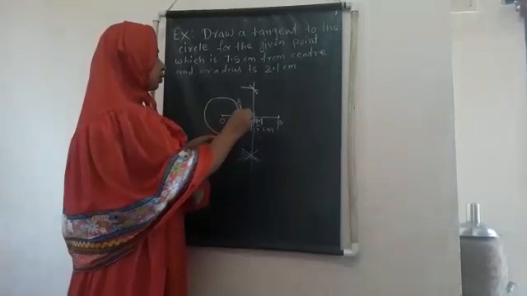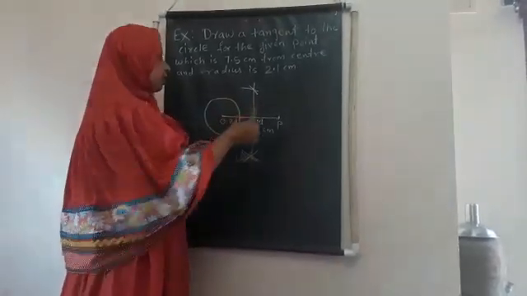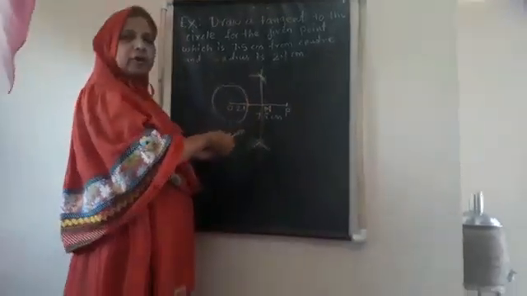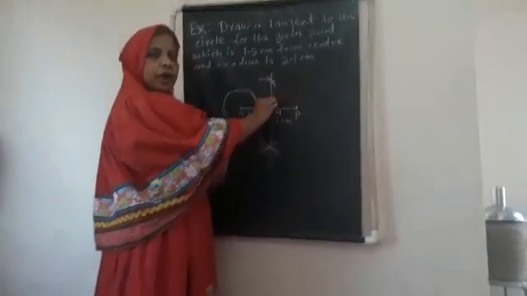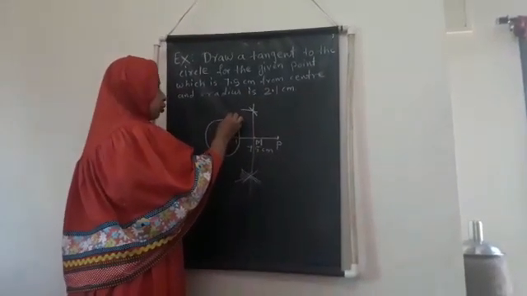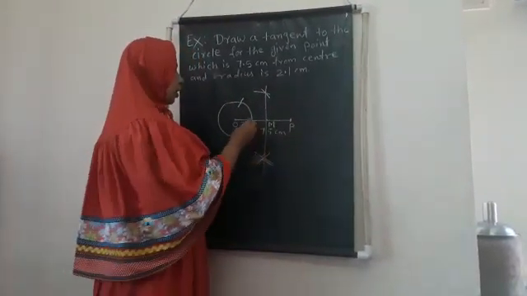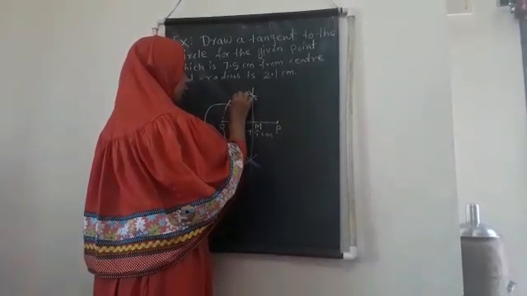Take the distance OM in compass, that is the radius for the next circle. Put the compass pointer on M and either draw only arcs like this, or you can also draw a circle like this.